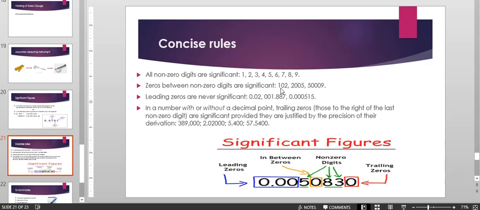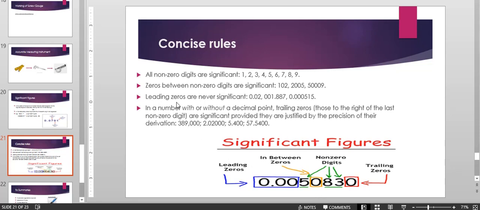For example, 102, 2005, 5009. So these zeros will be considered as significant as they are in between two non-zero digits. Same is the case with this number, 5083. The 0 is in between two non-zero digits, so it is considered as significant.